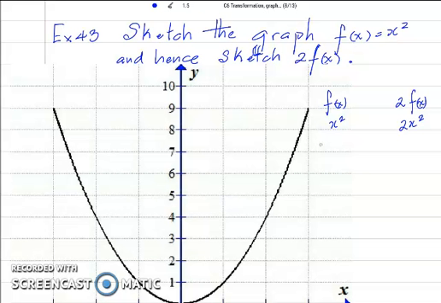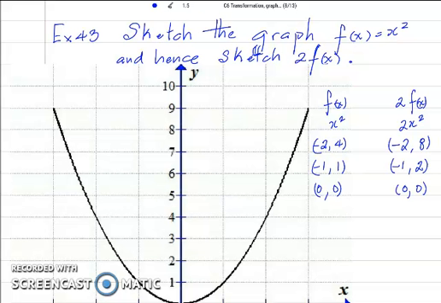You have points like (-2, 4), and that is going to become (-2, 8), (-1, 1) is going to become (-1, 2), (0, 0) remains (0, 0).